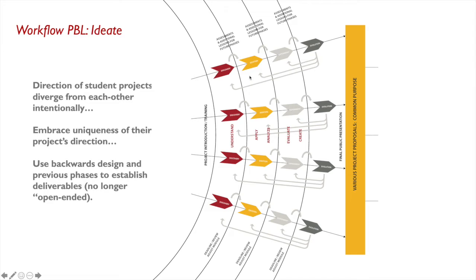This diagram, I drew the rings as these sort of orbital modules. And each one of these is the end of a module, the end of a phase. And in here I have Bloom's taxonomy. So you can have, say, an exercise about understanding that happens at the beginning before the discovery phase.